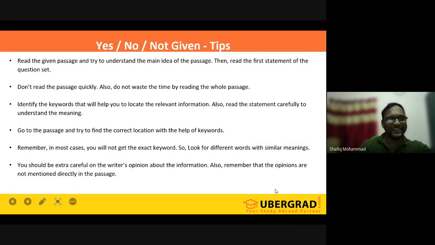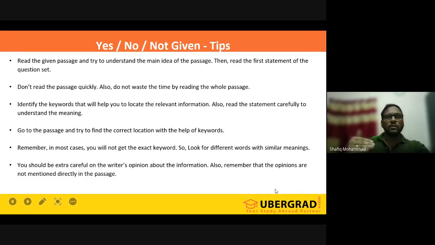Okay, thank you. Yes, no, not given is almost one and the same, like true, false, not given. One thing you need to remember, as I told you maybe yesterday also, is that if the instruction is yes, no, not given, you need to write yes or no. If the instruction is true or false, definitely true or false should be given.